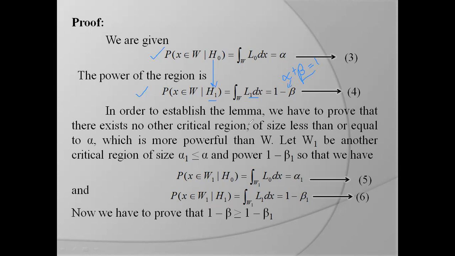In order to establish the lemma, we have to prove that there exists no other critical region of size less than or equal to alpha which is more powerful than W. Now let me consider W1, another critical region, whose size is less than or equal to alpha and power is 1 minus beta 1.